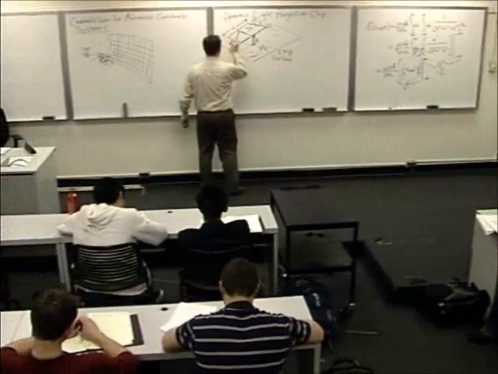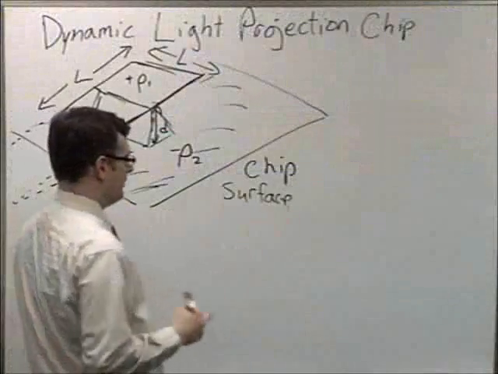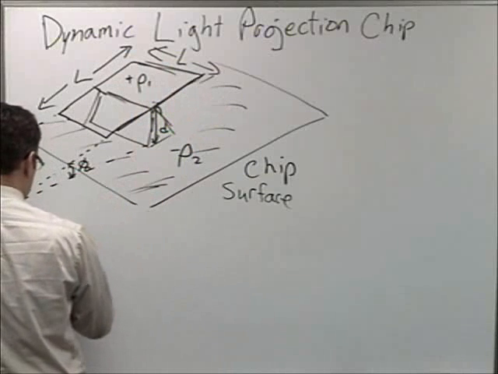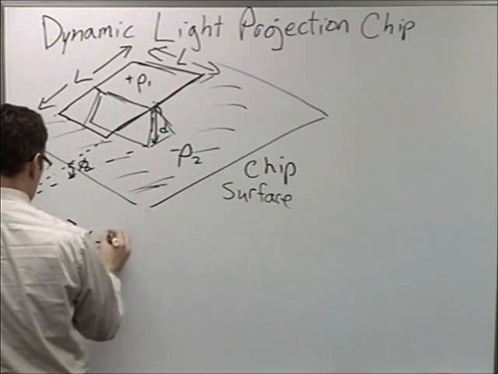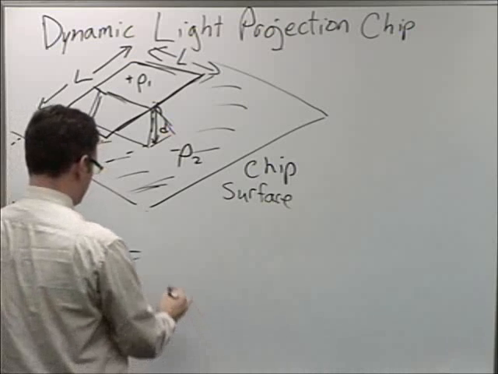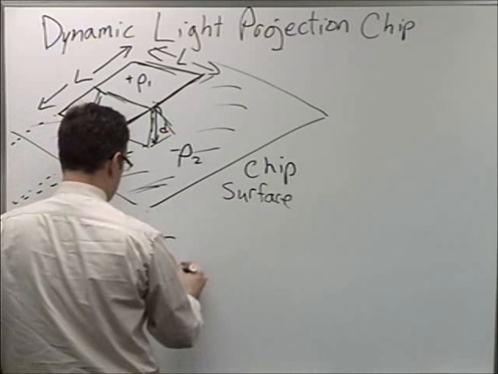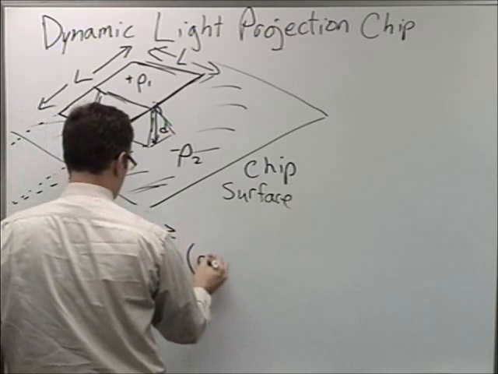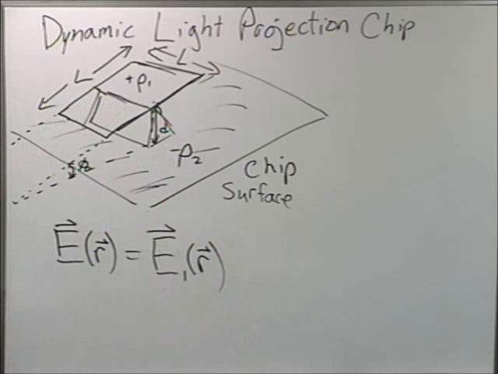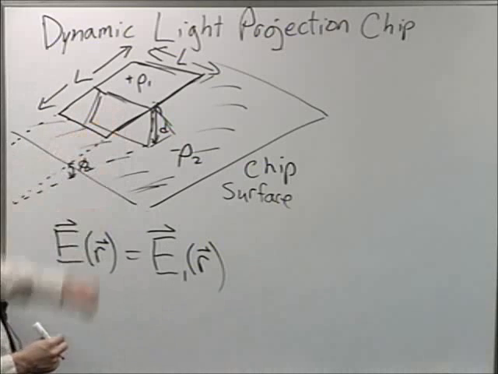So here's what we're going to do. I want to find the field at an arbitrary point in space, E as a function of R. And I'm going to basically have two contributions. I'm going to have E sub 1, which is the contribution due to the charge on this pivoting table.